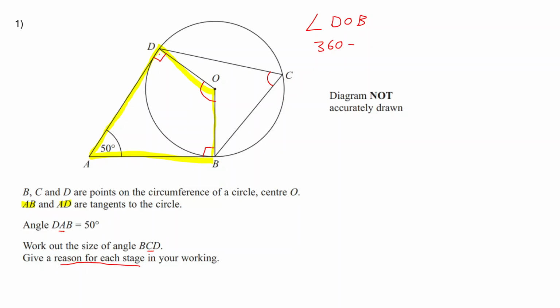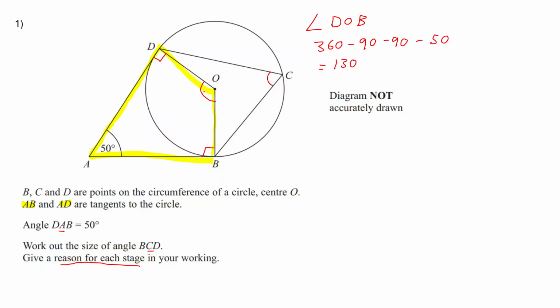Take away 90, take away another 90, also take away that 50, is going to be equal to angle DOB, which is what I want. If I put that into my calculator, 360 take away 90, take away 90, take away 50, that is equal to 130 degrees.